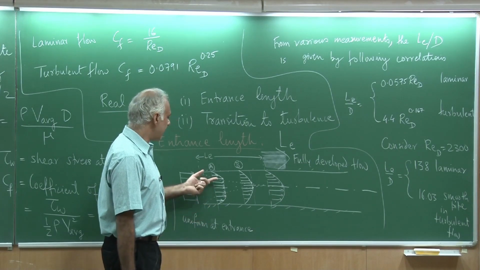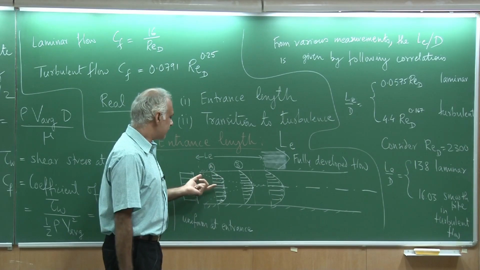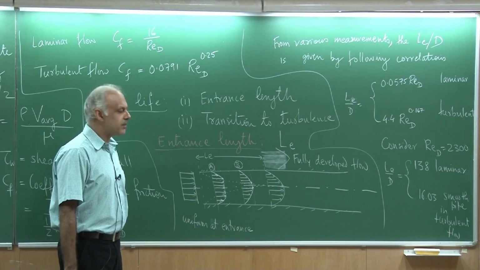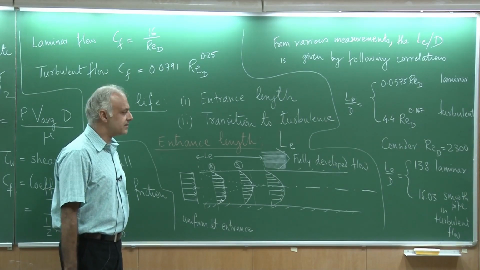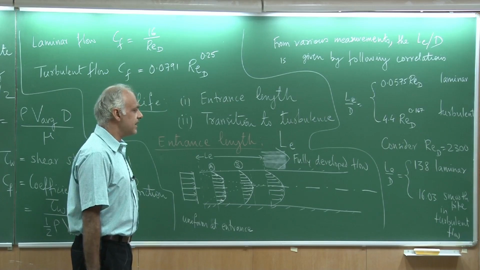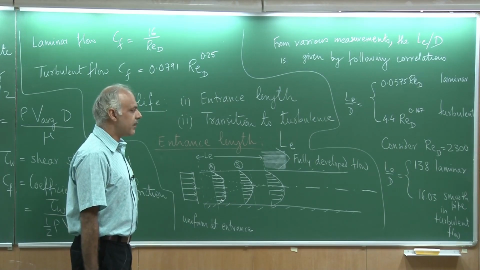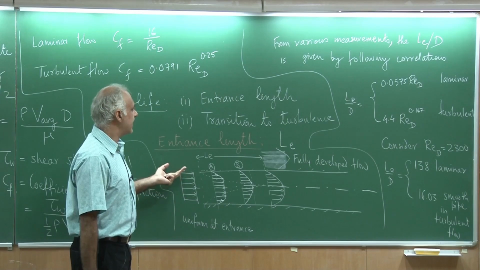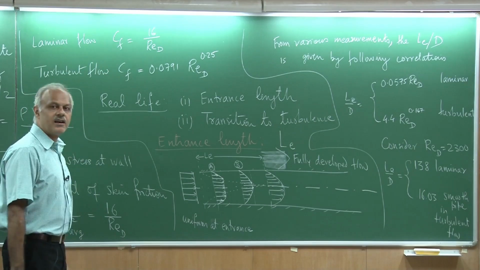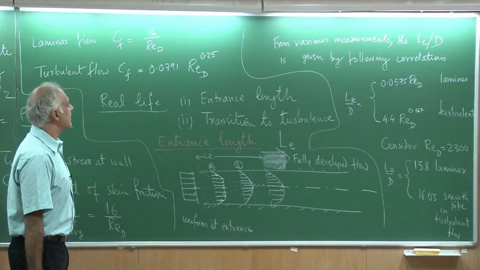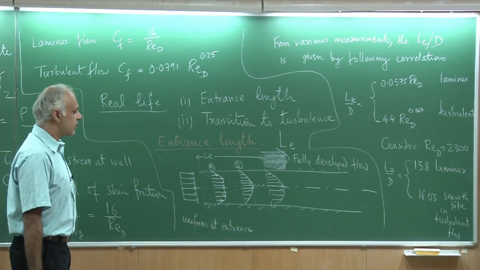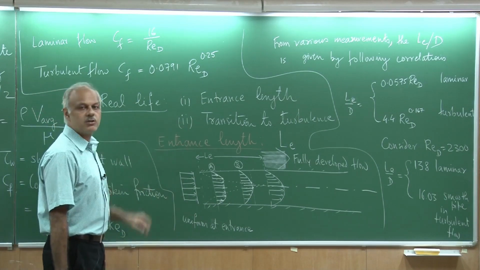A turbulent flow causes a lot of mixing, and therefore the velocity profiles become fully developed sooner than they would for laminar flow, which has less mixing. So that's the entrance length, and for applications where my pipes are so short, these correlations for estimating friction factor or skin friction for fully developed flow would run into a problem. Now, let us talk about the transition to turbulence.